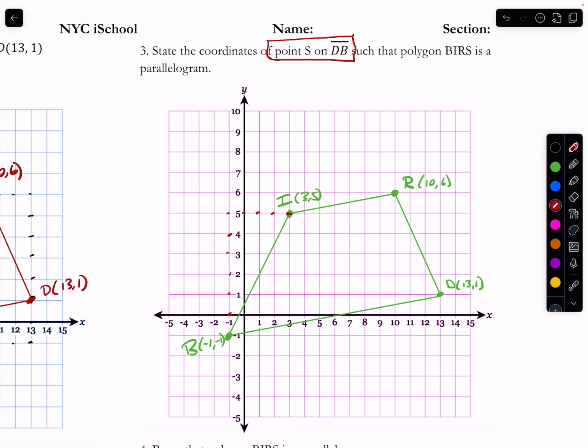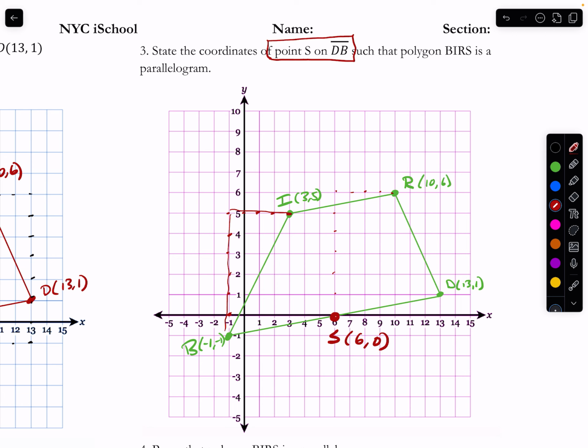It's got to be the same distance and the same slope. So I'm going to go from R and go backwards. I'll go left 1, 2, 3, 4, down 1, 2, 3, 4, 5, 6. So very clearly, now we have the point S, which is on BD, and the point is 6, 0. So now it is stated.